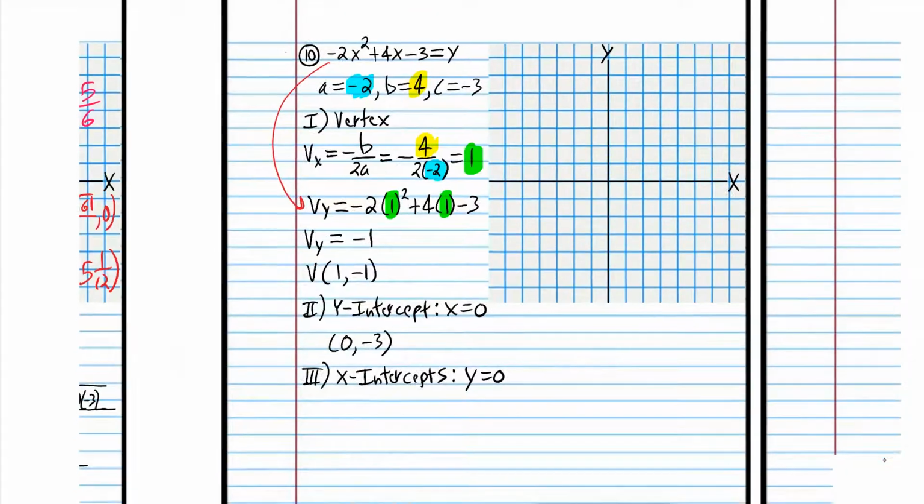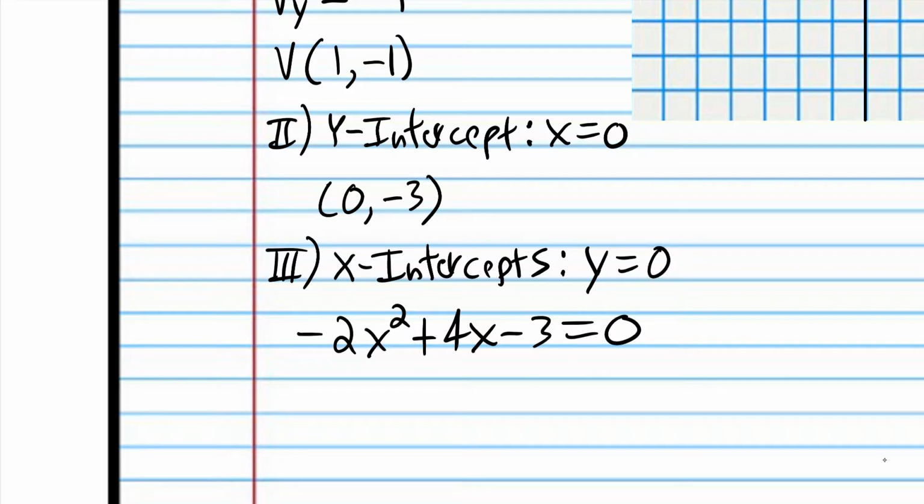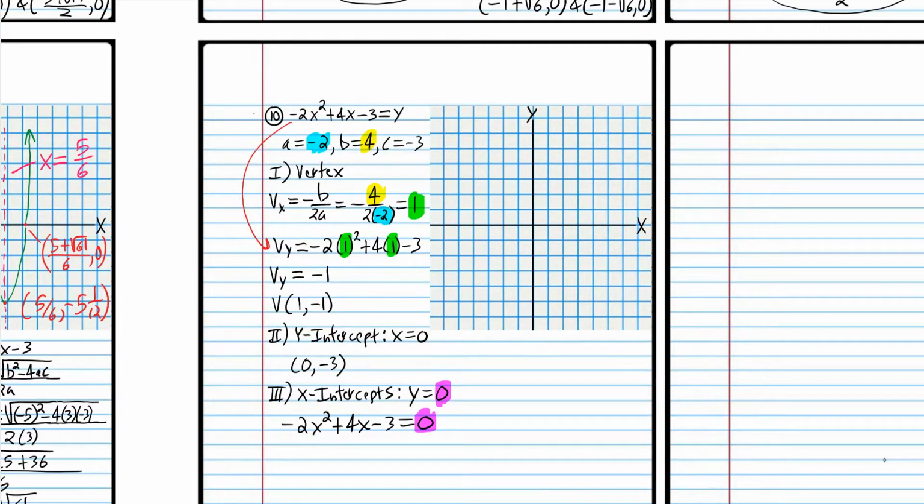So we have negative 2x squared plus 4x minus 3 is equal to 0, letting y equal 0.